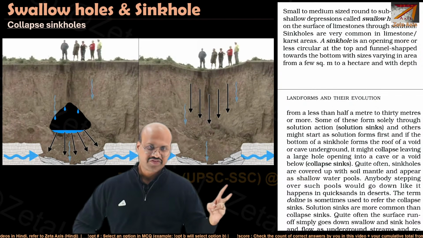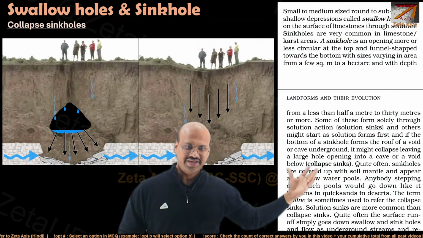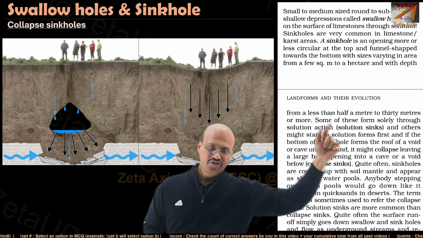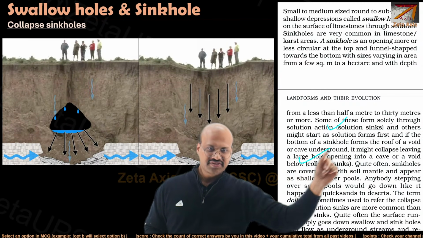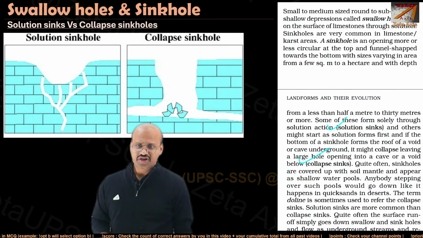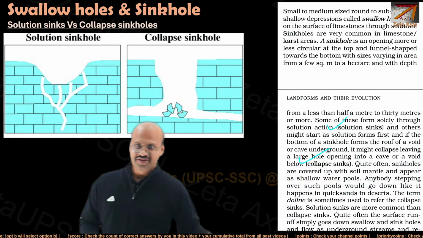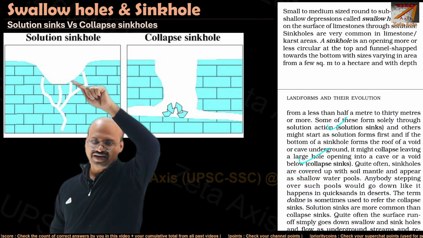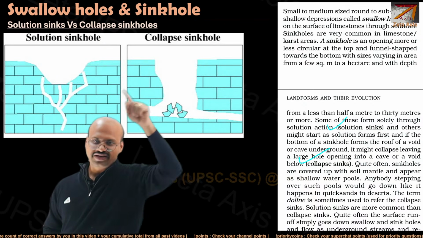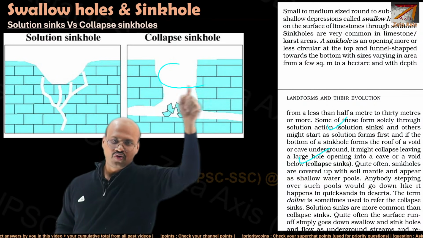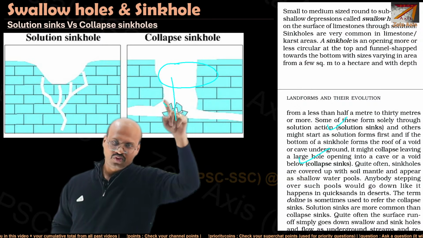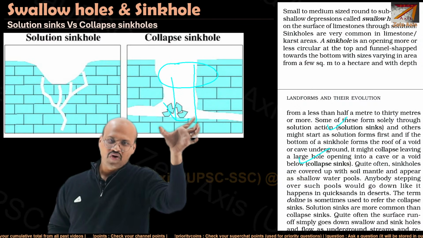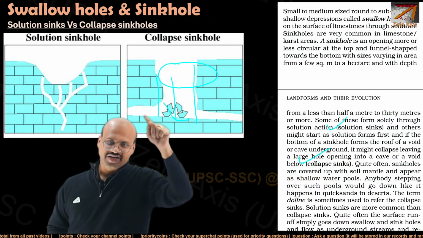So there are mainly two types of sinks. There are also other types, but here you have to focus on two: solution sinks and collapse sinks. Now here you can see the difference. With collapse sinks, if there is a cave, the overlying area may collapse, creating a very wide channel which connects to this cave.